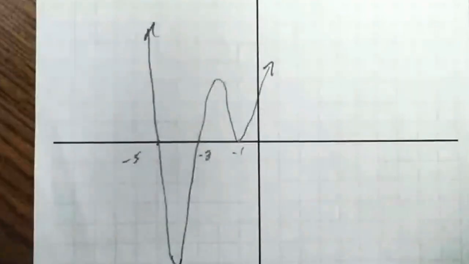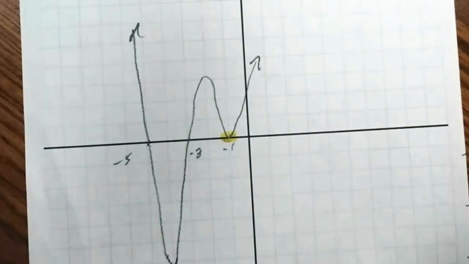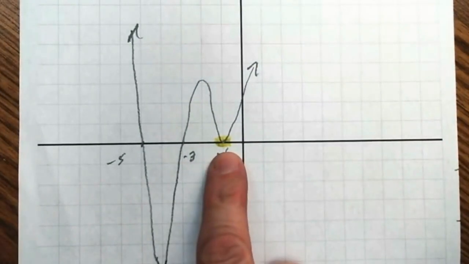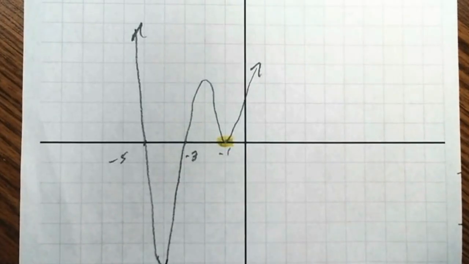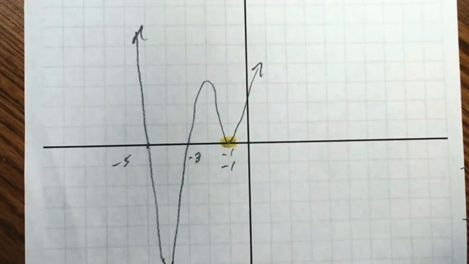But I want to show you one thing that I noticed about this graph right away. Let's look at what's happening right there. See what's happening right there? It didn't cross the x-axis, it bounced. That means there's two solutions there.